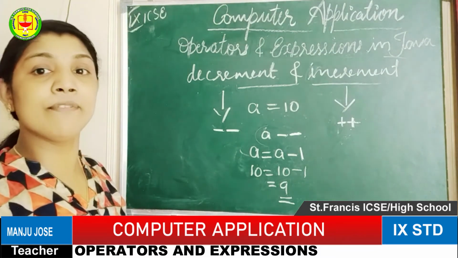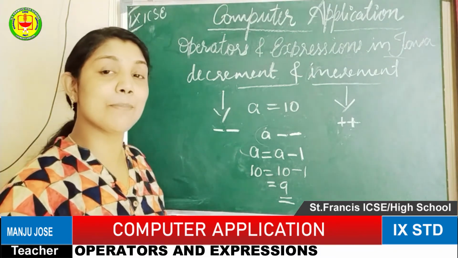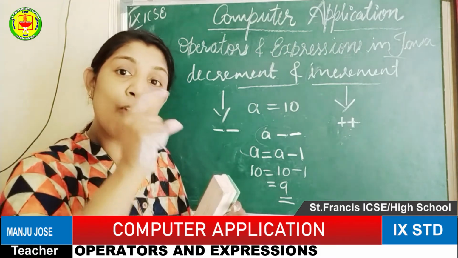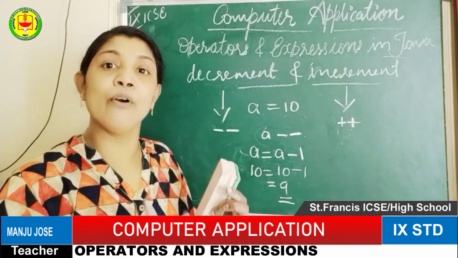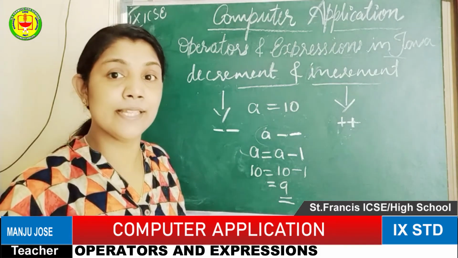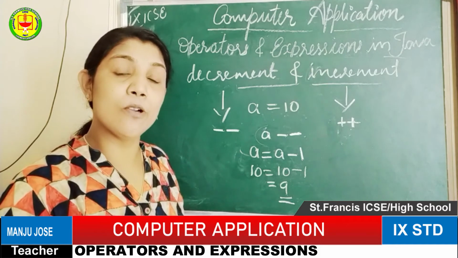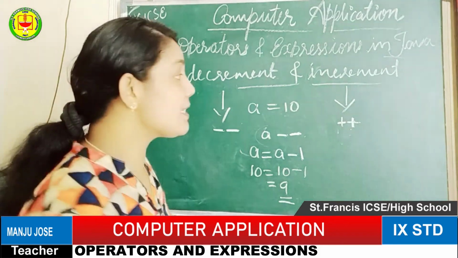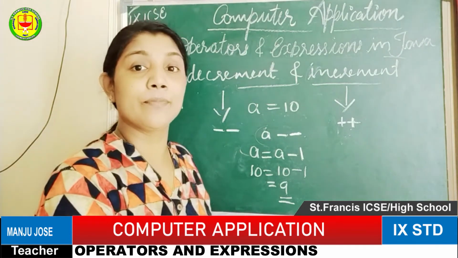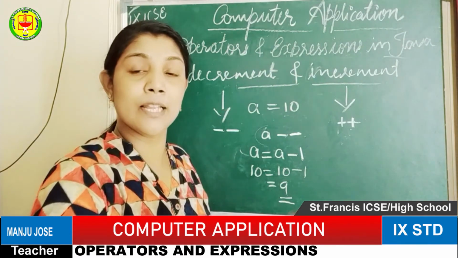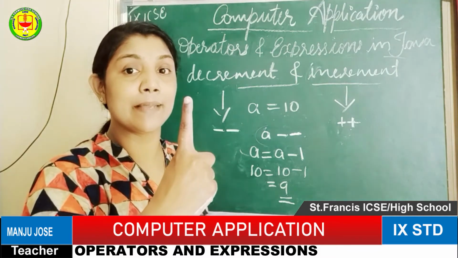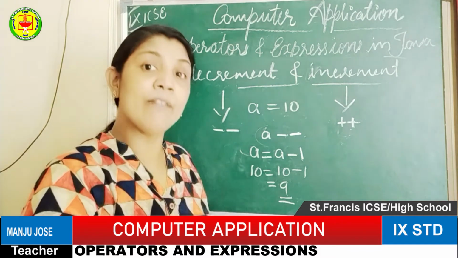This is the way we evaluate. a minus minus means that from the present value of a, 1 will be subtracted. That is called a minus minus. a minus minus means a equal to a minus 1. The next one is plus plus. Plus plus means increase by 1. a minus minus means only 1 will be subtracted, and plus plus means 1 will be added.